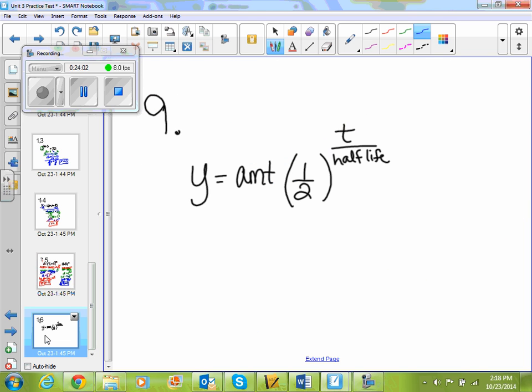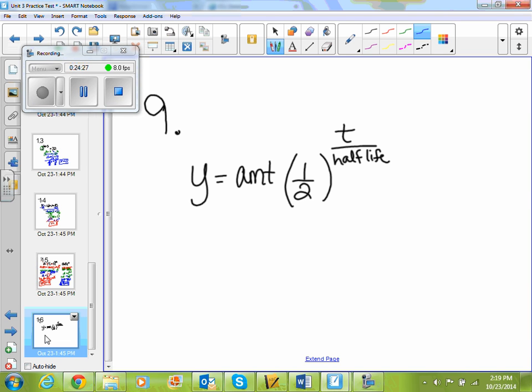All right, and then the last one that we need to look at is our half-life formula for radioactive radium. Okay, so your half-life formula is always y equals your amount that you start with times 1/2 to the t, the time you're given, divided by your half-life years.